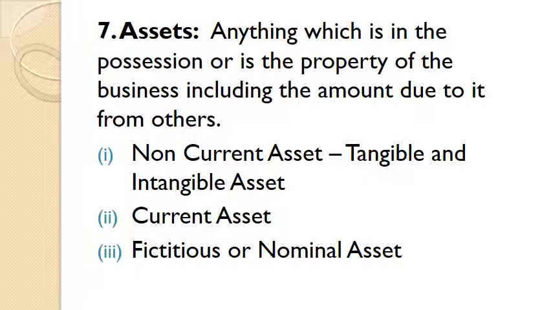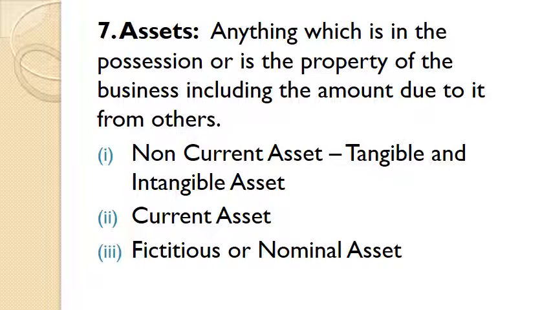Next is fictitious or nominal assets. These are the assets which cannot be realized in cash or from which no further benefit can be derived. Just like advertisement expenses, the expenditure we have done on advertising, these are nominal assets, fictitious assets.